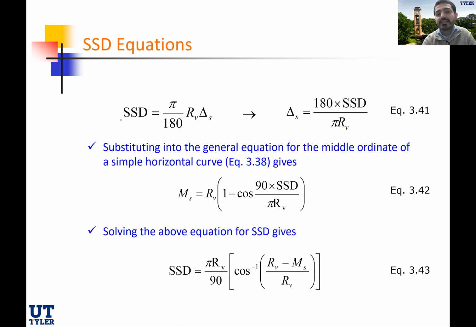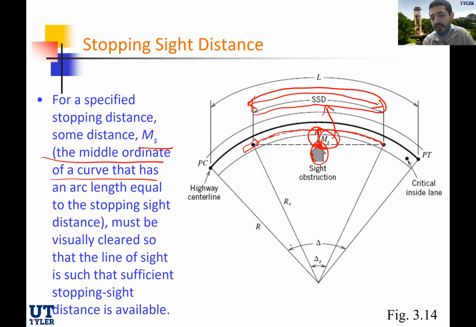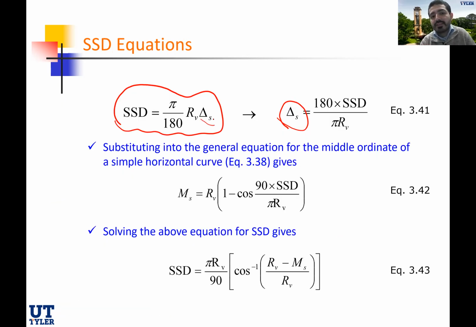The SSD, the stopping sight distance, is equal to pi over 180 times Rv times delta S. Instead of having the full delta, if nothing is obstructing our vision, we now have a restricted delta. This is the sight delta, delta S. If the sight delta is known and we multiply by Rv, I get the stopping sight distance.